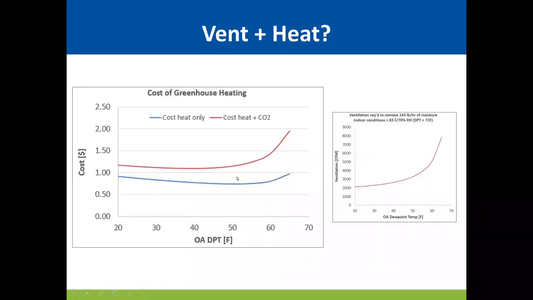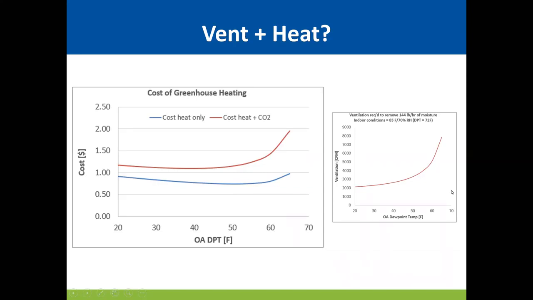So what if we vent and heat? What is the cost associated with that? So we looked at just heating. And then we looked at this question of, okay, we're going to use carbon dioxide. We want to enrich the greenhouse with CO2. Well, the cost of heating actually went down up to a dew point temperature of 50 degrees, because obviously it's colder, so you need more heat. It's warming up, you need less.